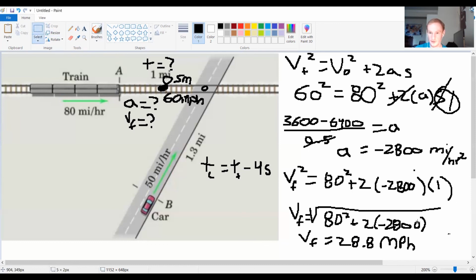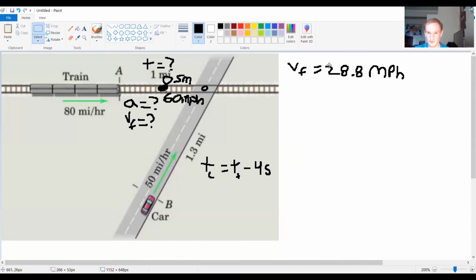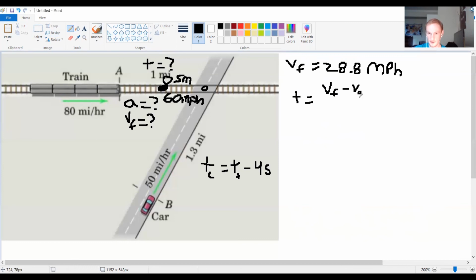So what we're going to do here, get rid of this work, get rid of that little smudge, and then move this up here because we're going to need that. Now to find the time it's going to take for the train to reach the track, we need another kinematic equation. This one's a little simpler: t equals the final velocity minus the initial velocity over the acceleration.